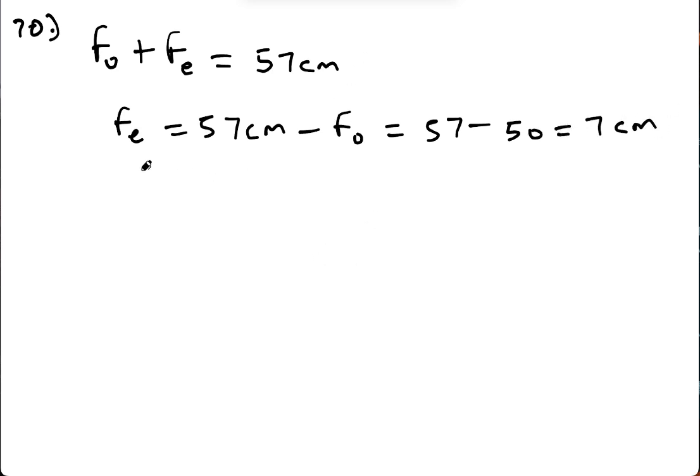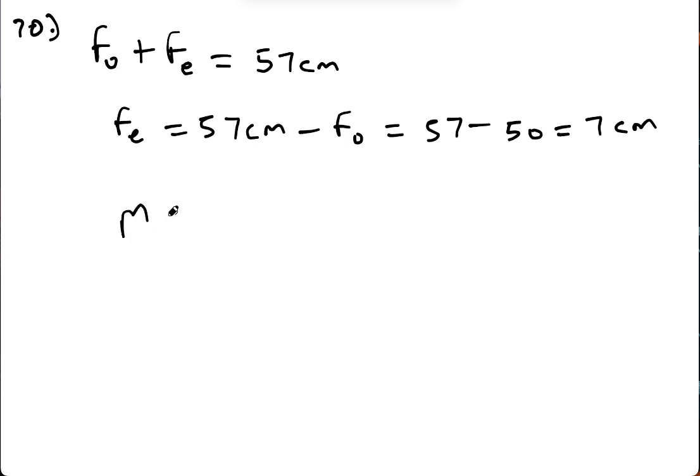So we have every piece of information that we need now. We have FE and we have FO. The question asks what is the focal length of the eyepiece lens and the magnification of the telescope respectively. So we have been able to get the focal length of the eyepiece, which is 7 centimeters. Our next line of action is to find the magnification.